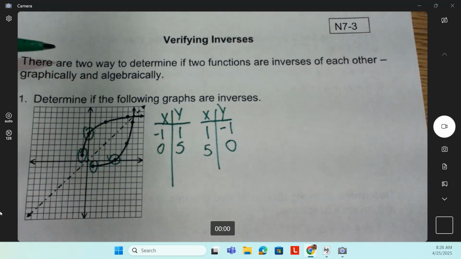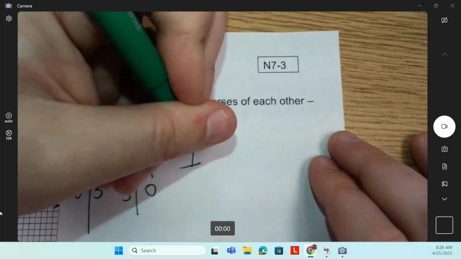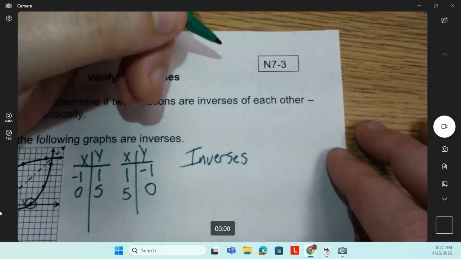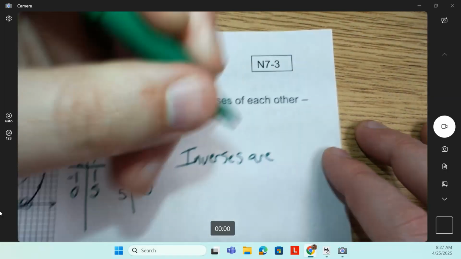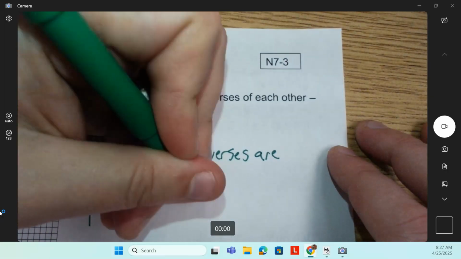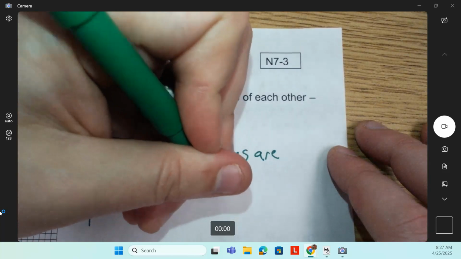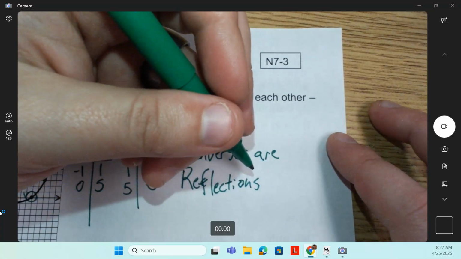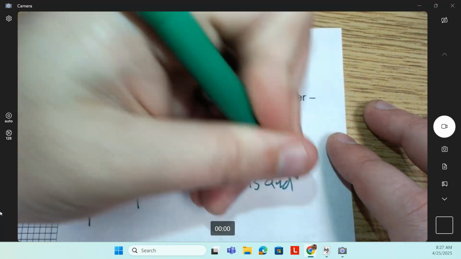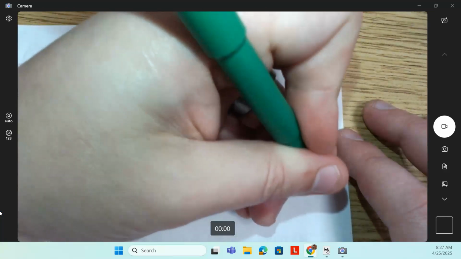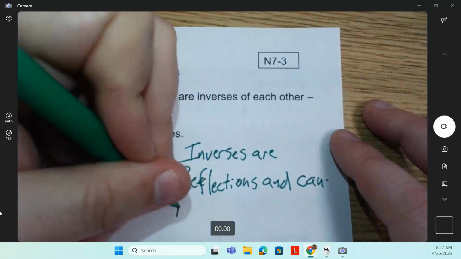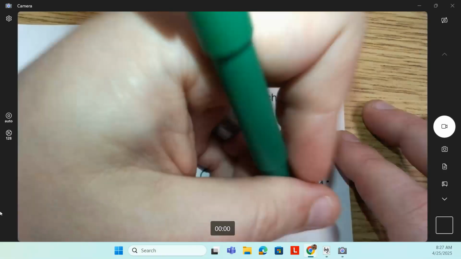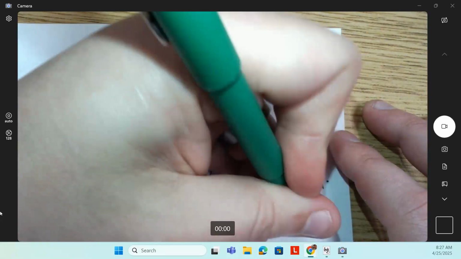So if they're inverses, the reflections can intersect on the line y equals x.